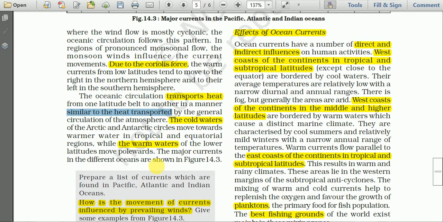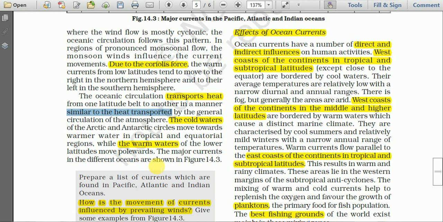Likewise, ocean currents also transport heat. For example, from the equatorial areas, warm ocean currents are flowing towards the polar areas. So in this way, heat is transported from the equator towards the poles.